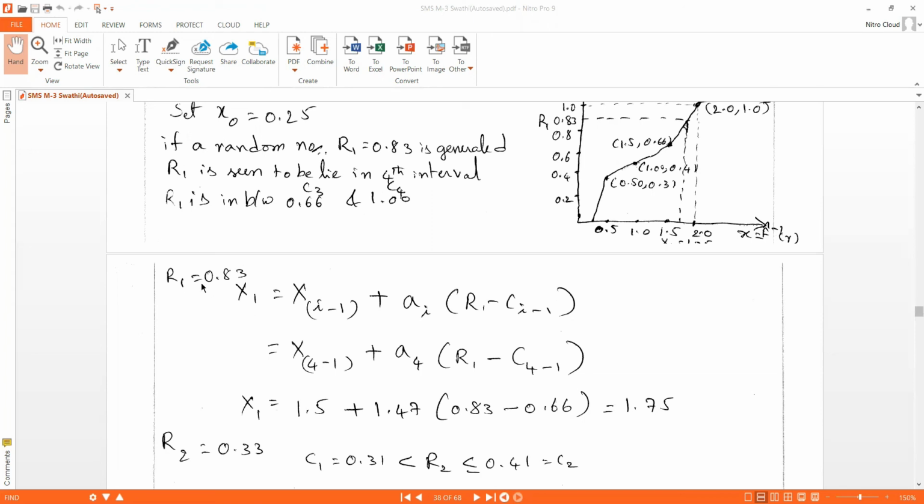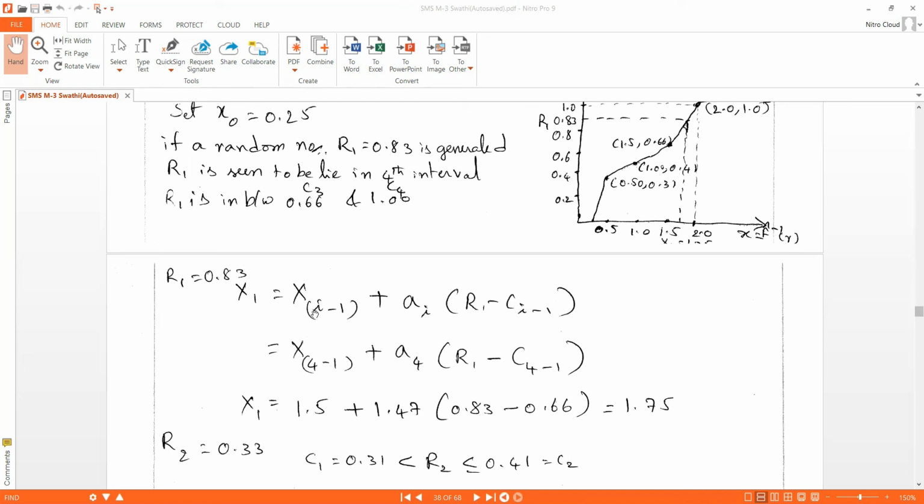R1 equal to 0.83, I value equal to 4. Now x1 is equal to x(i minus 1) plus a_i into (R1 minus c_(i minus 1)). This is the formula to find the x value. We'll substitute I equal to 4 and the R1 and ci values here.